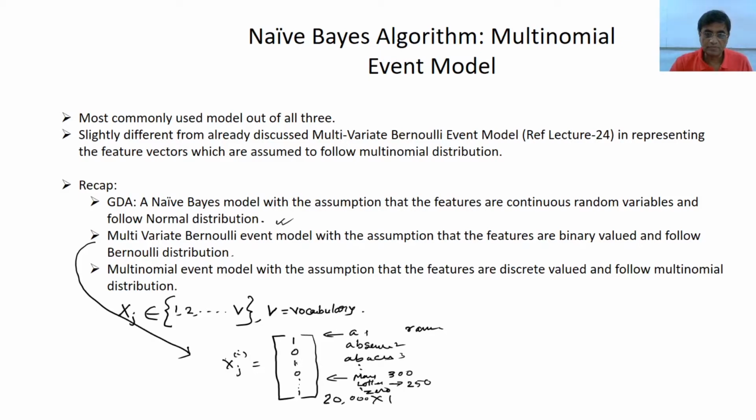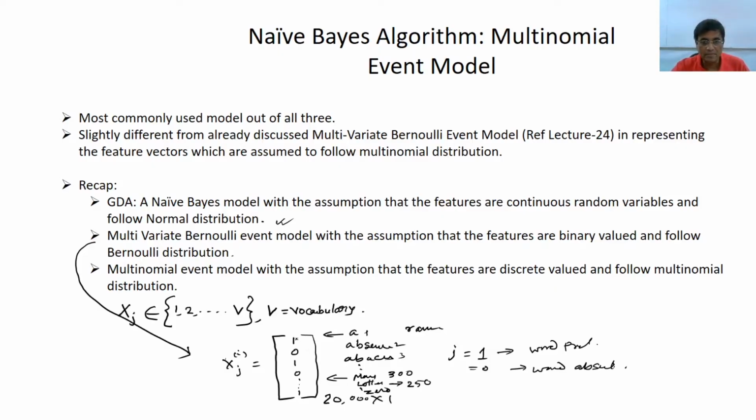If it is there, it will put 1. Here it will put 1 in the respective place. So I think it is very clear, it is simple. So xj equals 1 when the particular indexed word is present, and equals 0 when the word is absent in that particular position. In that way it tries to represent the feature.